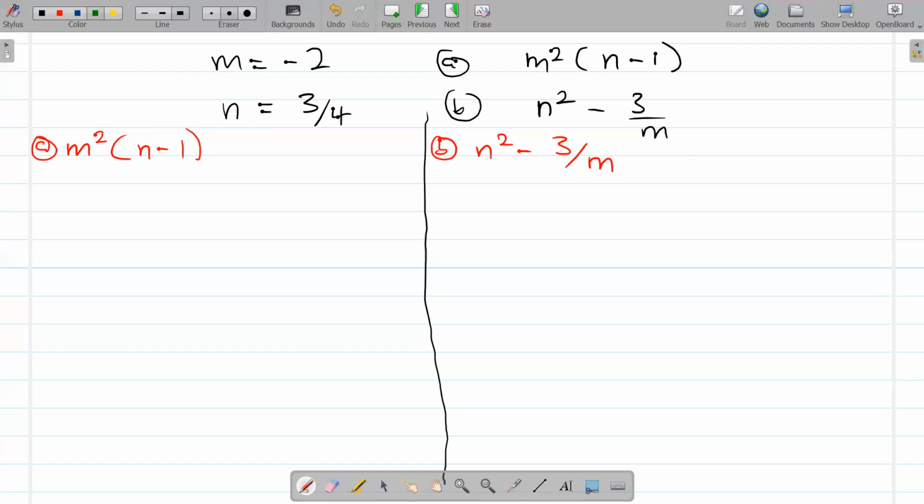So just put the values of M and N into it. What is the value for M? M is equal to minus 2, right? Mm-hmm. And the value for N is equal to 3 over 4. Correct?